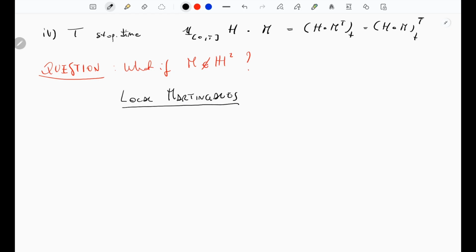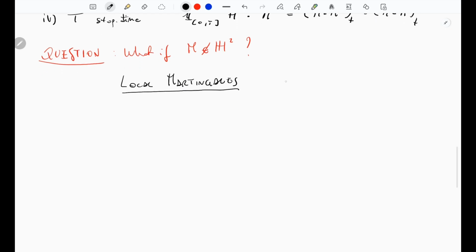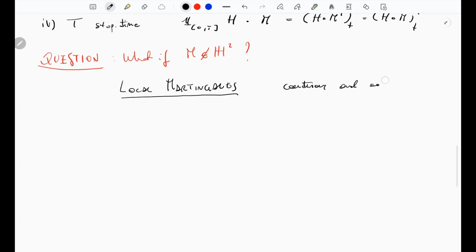So what's a local martingale? A local martingale is a continuous, in the sense of its trajectories, and adapted process.